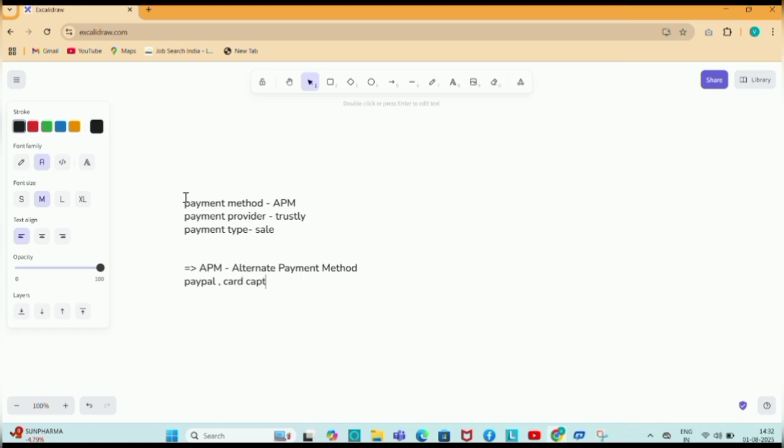PCI DSS compliant. Using an APM integration, the customer will be redirected to a PSP page. There they can enter the card details and make the payment.